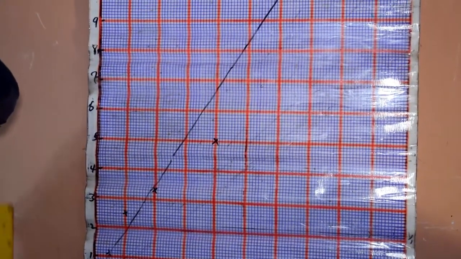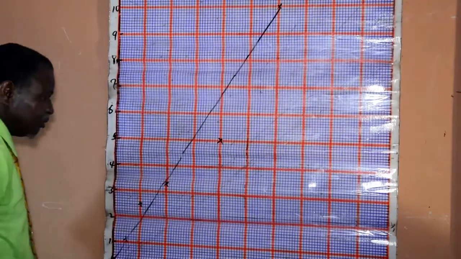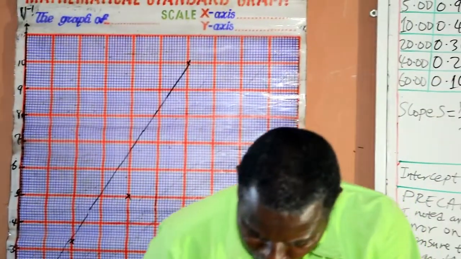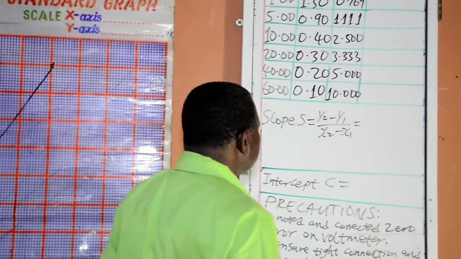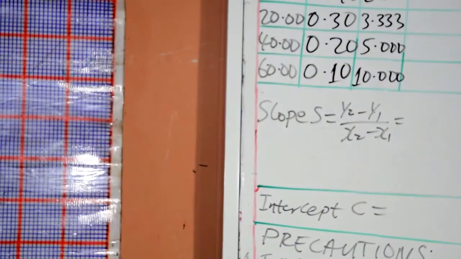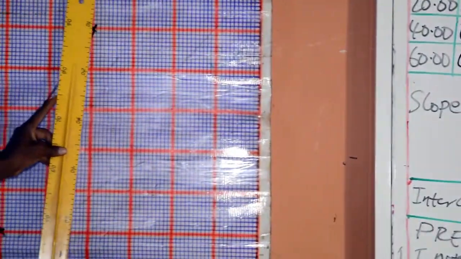Our intercept is 0.2 on the vertical axis. Now, let's calculate the slope. Let's draw a big right angle triangle.